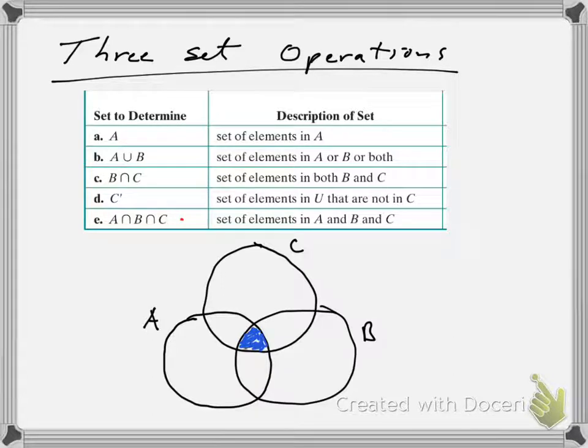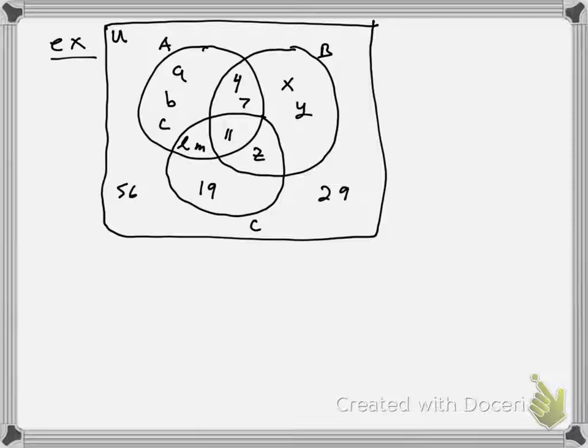So that little region right there would be A intersected with B intersected with C. Okay, so that's how we're gonna start addressing problems like that in this section. All right, so let's start messing around with this, and we'll go from there.